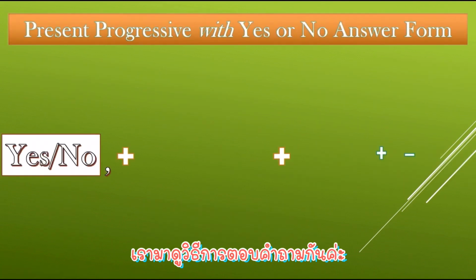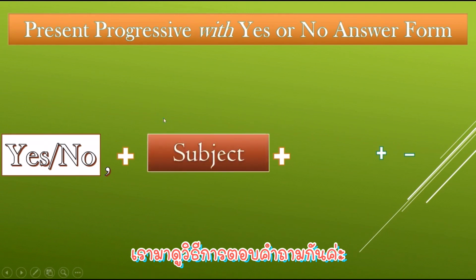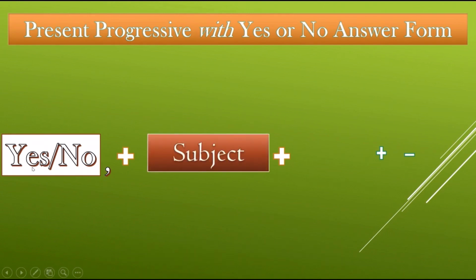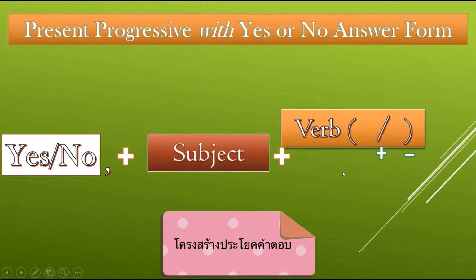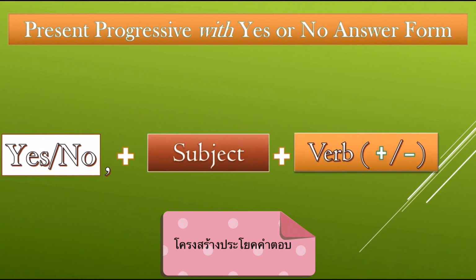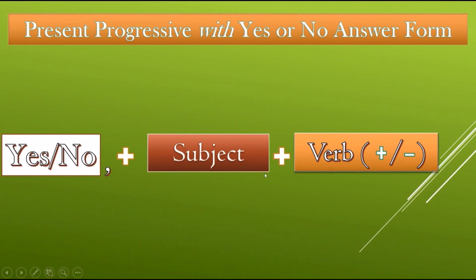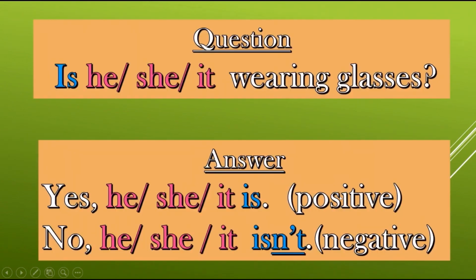So how are we going to answer? We have yes or no, and then you put a comma, plus the subject, plus the verb, either a positive or a negative verb. So yes or no, comma, and then subject, then verb.